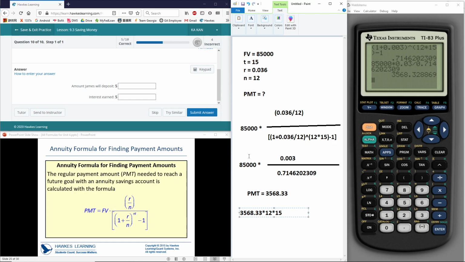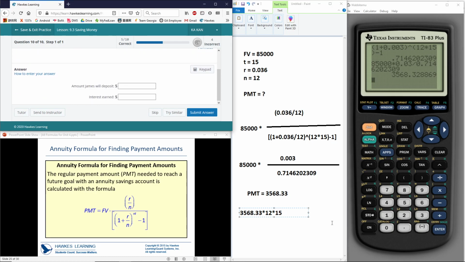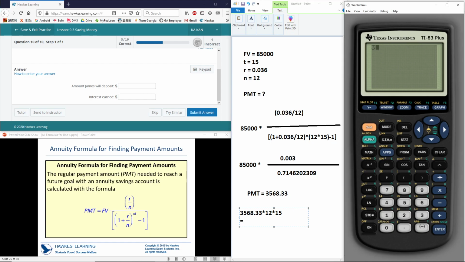So let's multiply that and see how much he will pay into this investment. So he would pay in 642,299.4. That's how much money he would put into this account throughout the life of the loan or the investment.